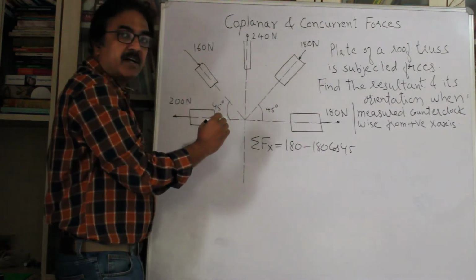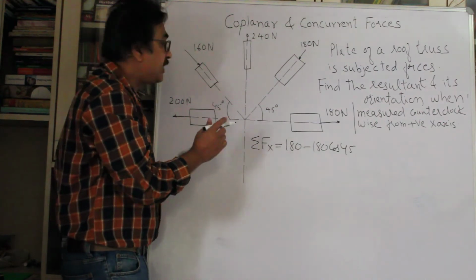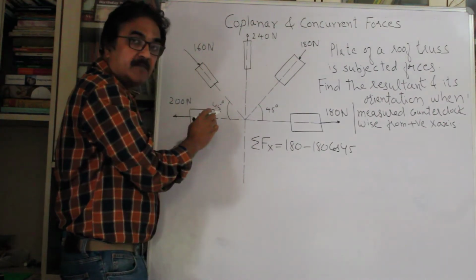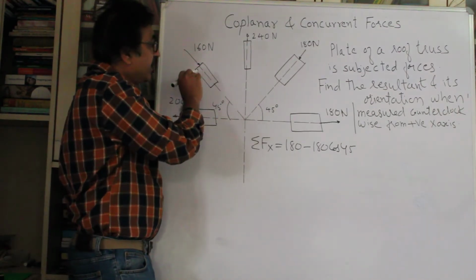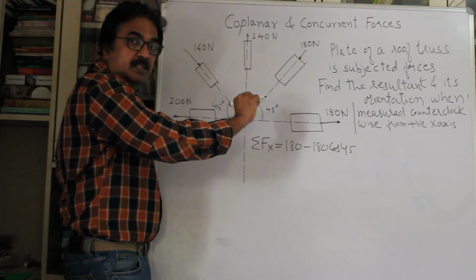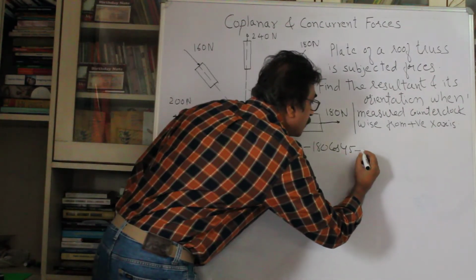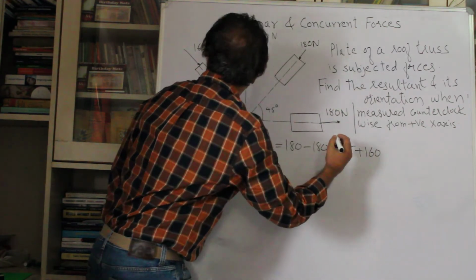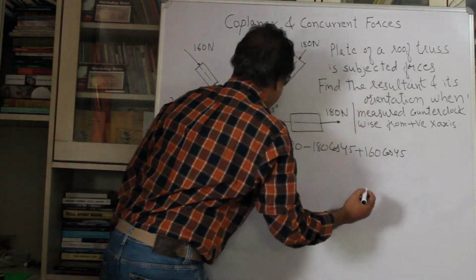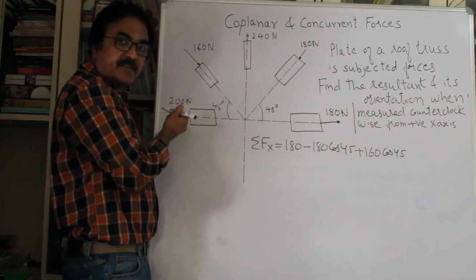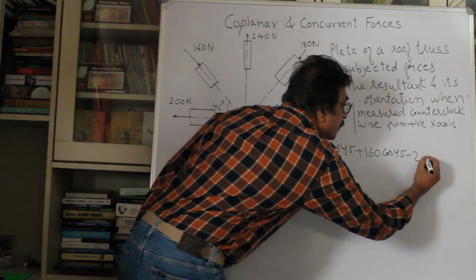This 240 is vertical, so it will not have a horizontal component. 160, resolve it horizontally, it is 160 cos 45. Again, look at this arrowhead. When you resolve, it's going towards positive, so that's plus 160 cos 45, and this 200 is towards left horizontally, so it's minus 200.